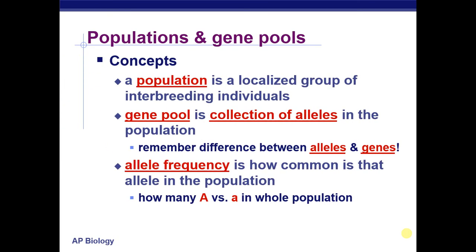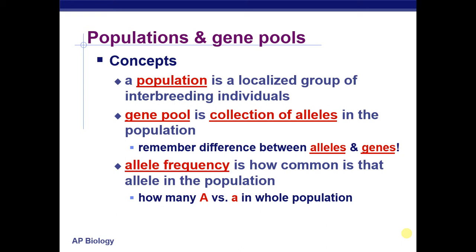Conceptually, a population, like we talked about last time, is a group of organisms of the same species that interbreed, that reproduce with each other. The gene pool is a collection of all the alleles in that population. Remember, alleles are the different copies of the gene.